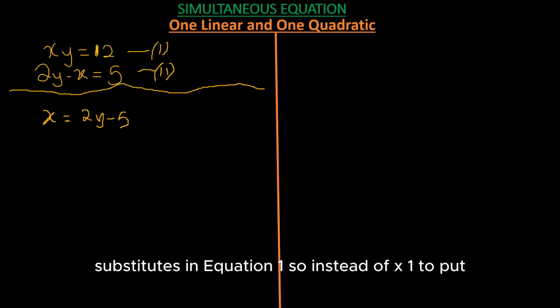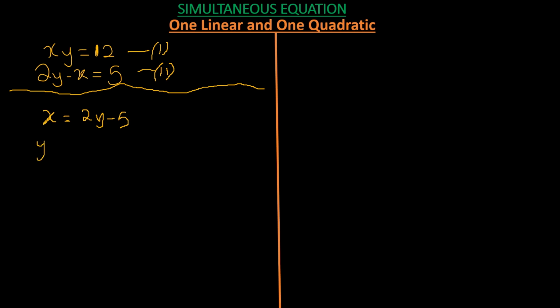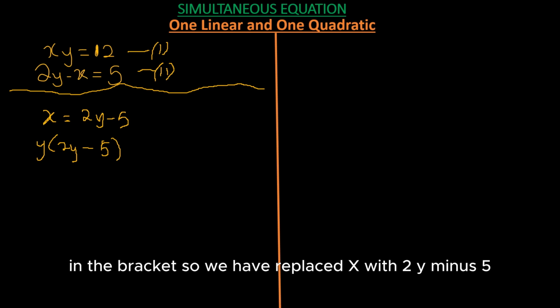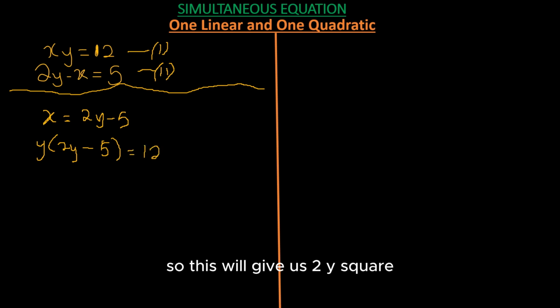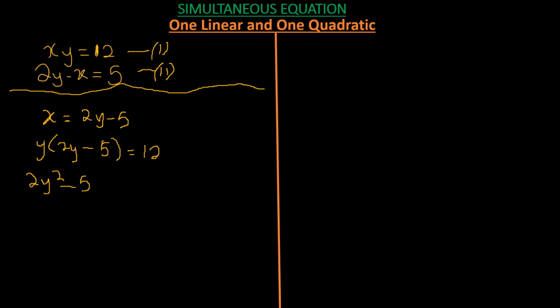So instead of x, we want to put 2y minus 5 in the bracket. So we have replaced x with 2y minus 5. So this will give us 2y squared minus 5y equal to 12.